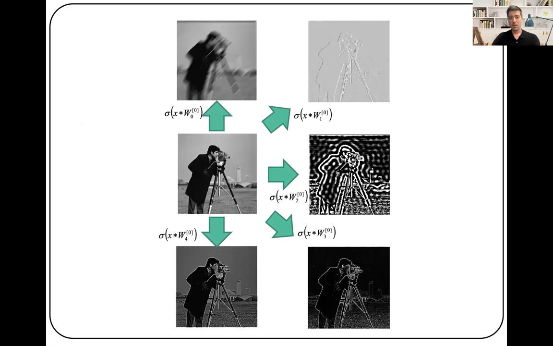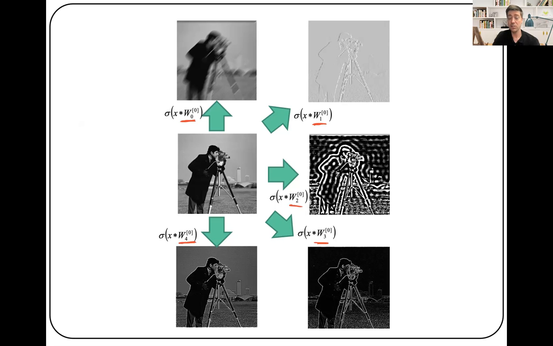Of course, one feature map is interesting, but it's not enough to capture all the characteristics of an image. So typically what we're going to do, in a convolution layer, is apply several convolution filters. For example, here we have 1, 2, 3, 4, 5 different filters.